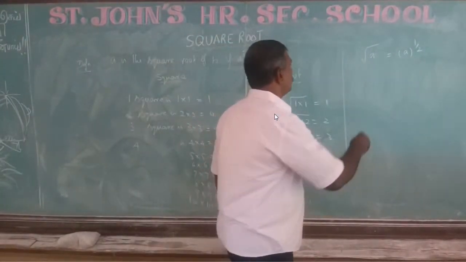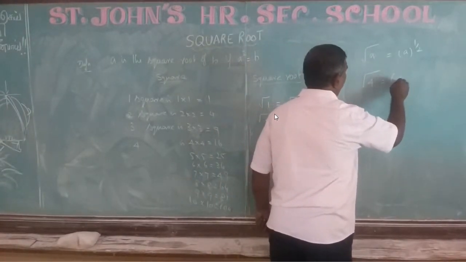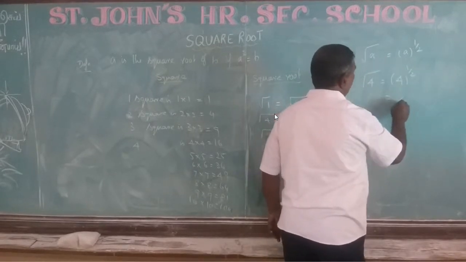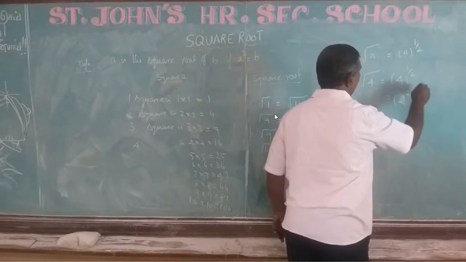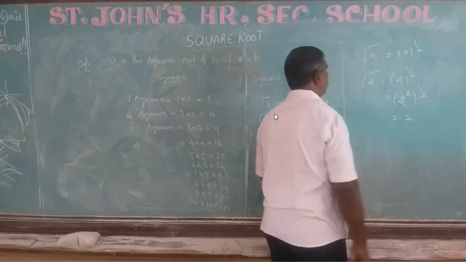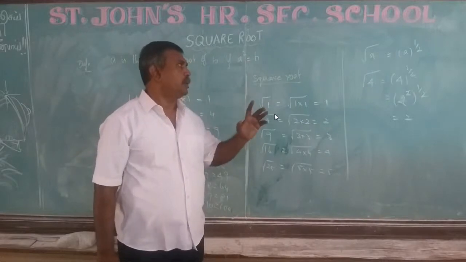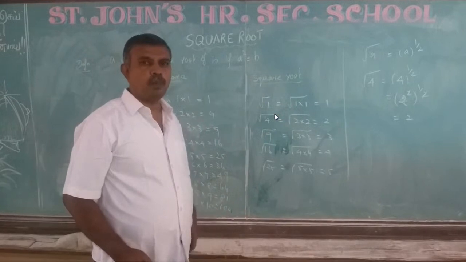Similarly, we write square root of 4 is equal to 4 power half, that is equal to 4 power 2 square the whole power half. The 2 cancel. Square root of one number, that is called that number the whole power.